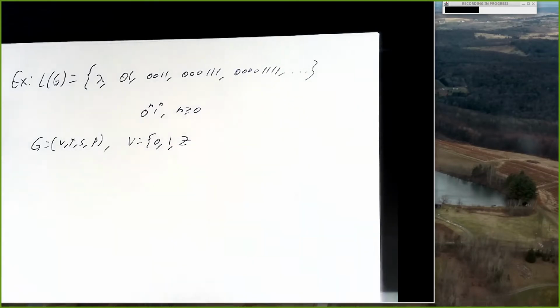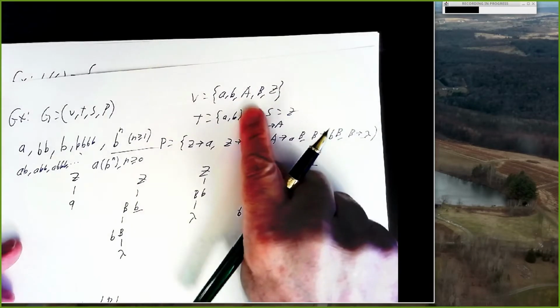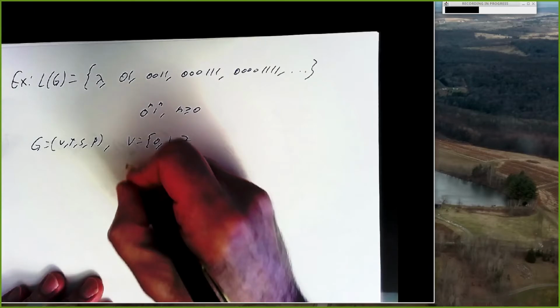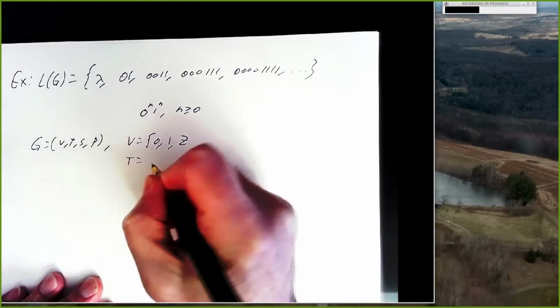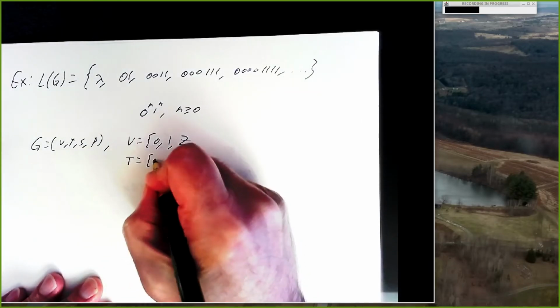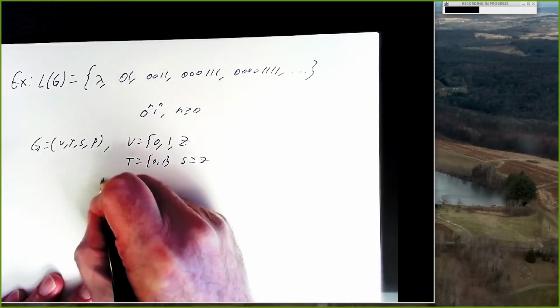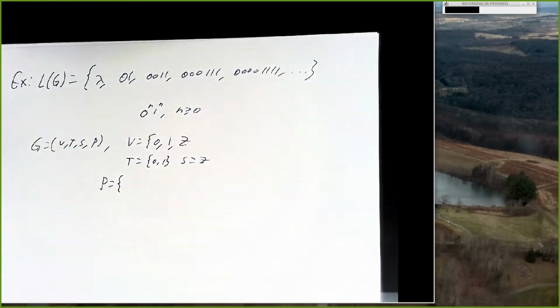It may include some other stuff, right? Some of these other languages we've been playing with, we included things that were effectively like temporary variables. And so we may have other stuff in there. But our goal is to construct strings of terminal symbols 0 and 1. I'm going to use the start symbol of Z, and then the real magic is, what are the production rules?